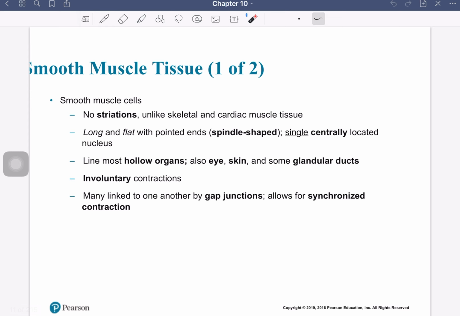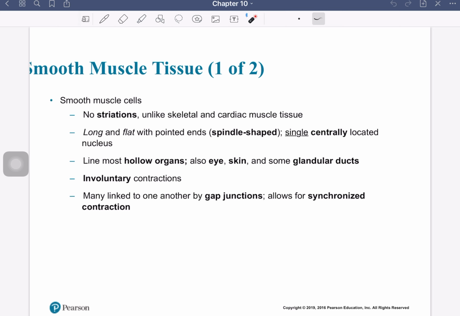Now, smooth muscle, no striations. We do not see visible striations under the microscope. And they have a different arrangement of the cells. They're long, they're flat with pointed ends, spindle-shaped. And they have a single centrally located nucleus. Now, where do we find these? This is really involuntary.